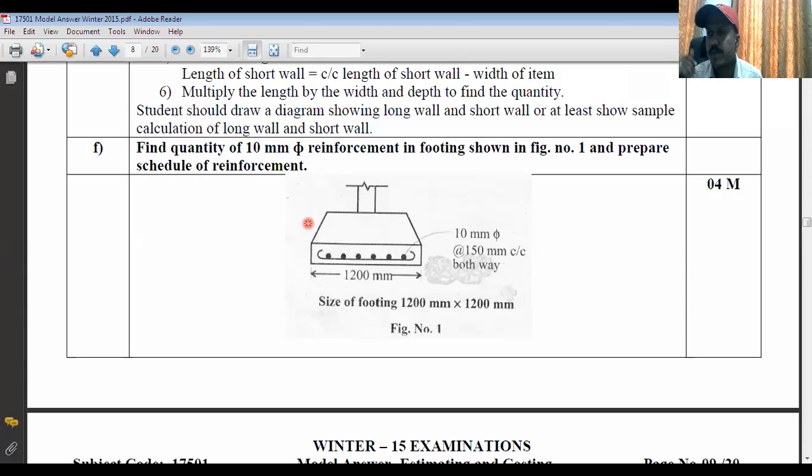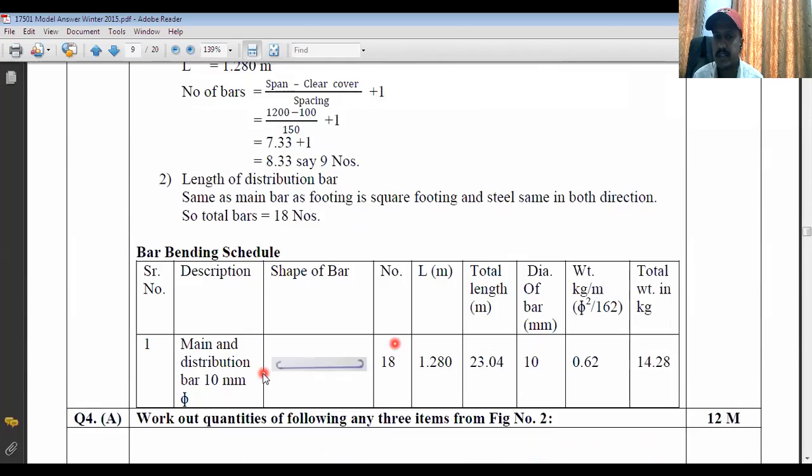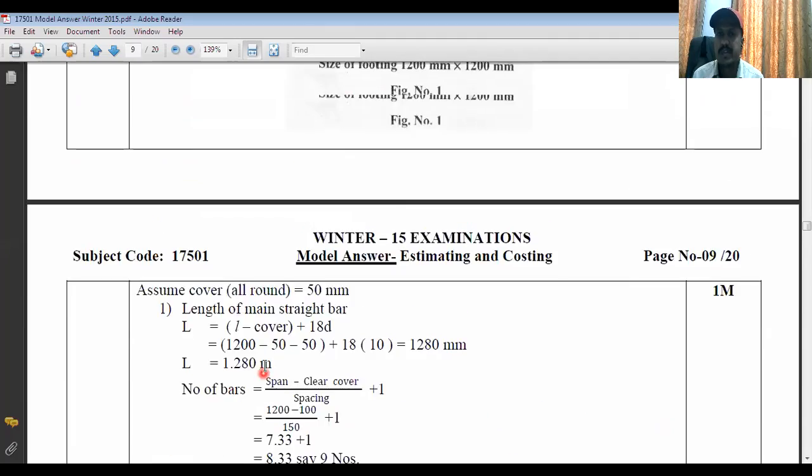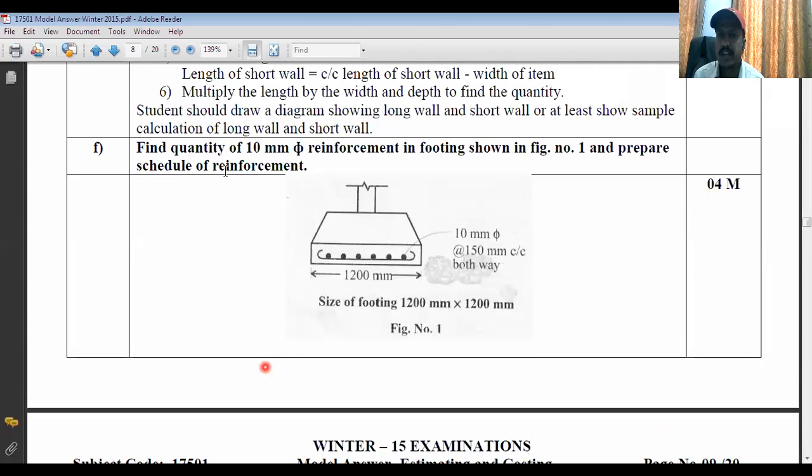Chalo, so copy this problem. I will give you 4 minutes to copy this problem and write down the answer. At first draw this diagram, write down the problem, and then I will scroll down the screen.